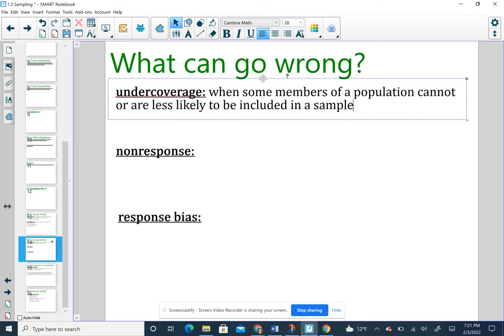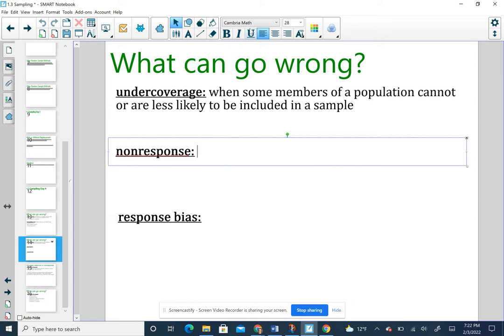Let's say we're doing a systematic sample and we're choosing every 10th member of the phone book for Grant County to be part of our sample. That includes all of the landline numbers, which nowadays not a lot of people have. So some members of our population would be less likely to be included in that sample if I chose to go to my phone book and randomly select from there.